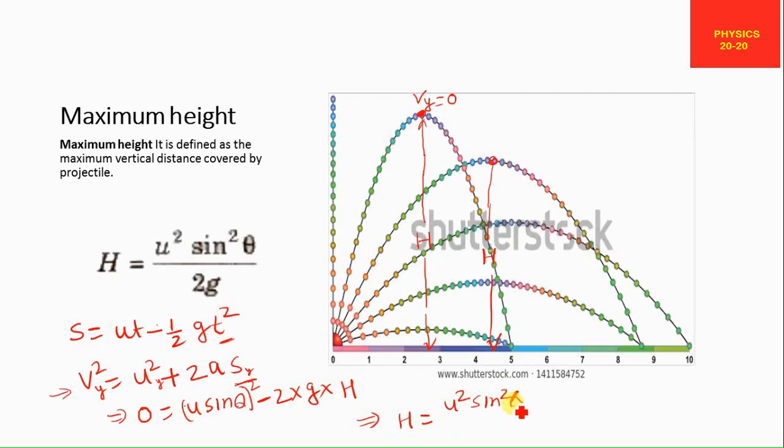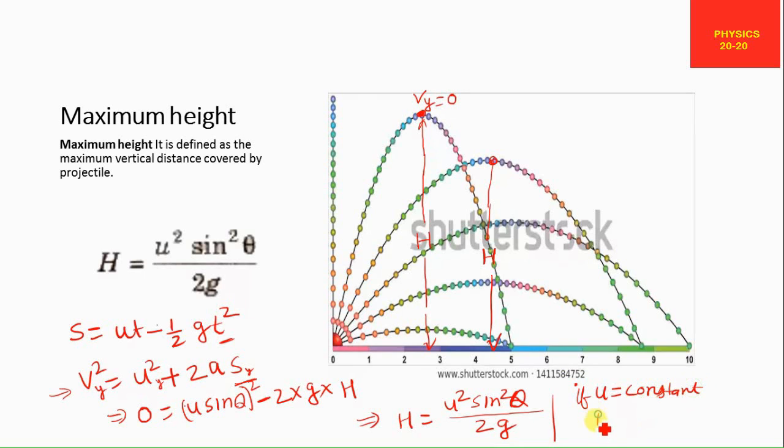Okay, so we can find h is equal to u square sin square theta divided by 2g.